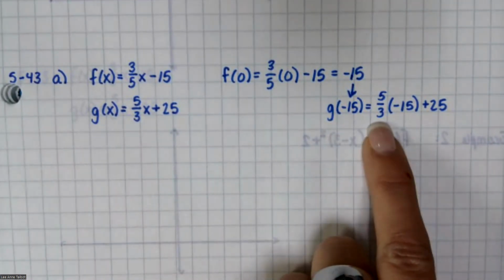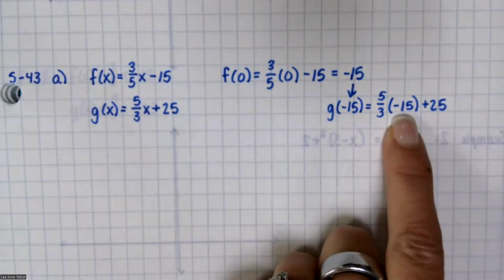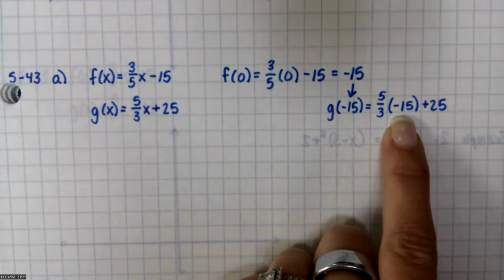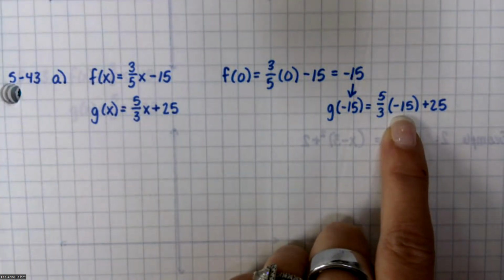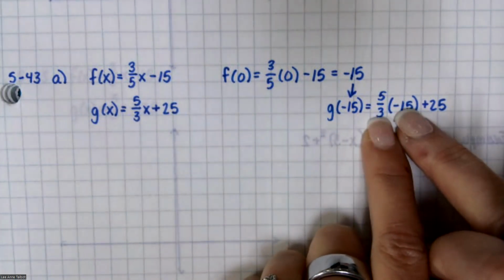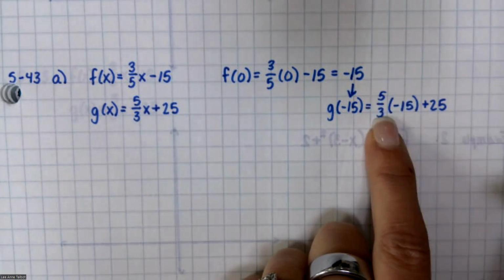And the question is, is 5/3 times negative 15 negative 25? It is. You can tell because 3 and 15 make 5, so you could divide that real quick. Got negative 5 times 5 is negative 25.